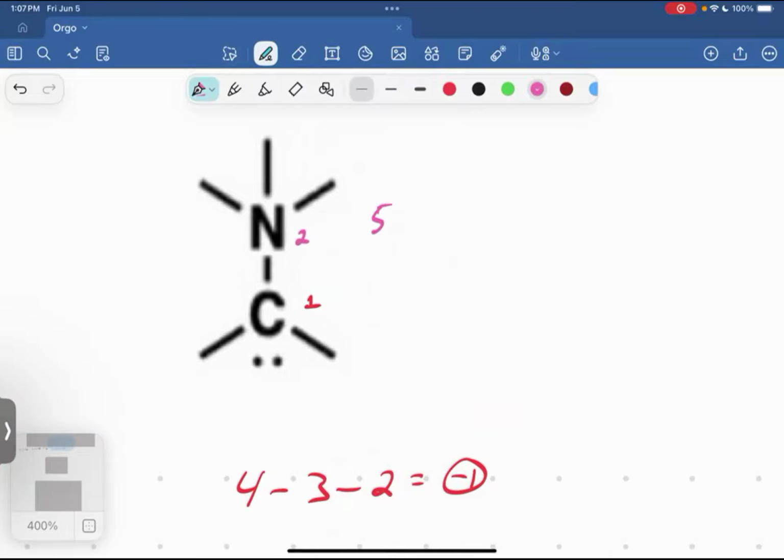Nitrogen has 5 valence electrons minus 4 bonds. As of right now, it has a full octet. It doesn't have any more lone electrons on it, 0. So we get +1. So as of right now, this molecule would be neutral because those two cancel out.